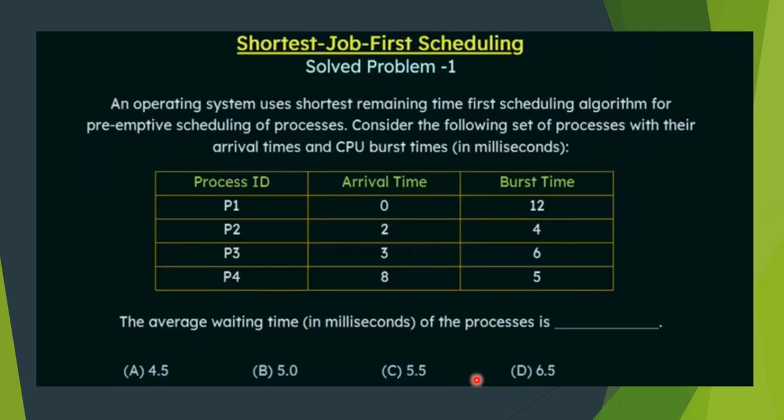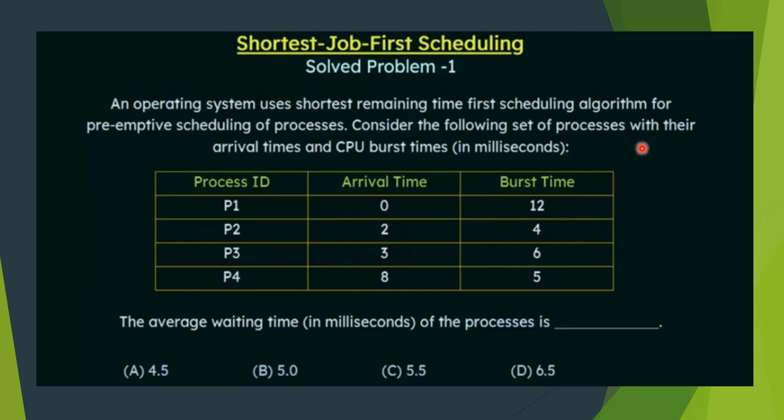Now let's look at another, second example. Here we're told an operating system uses the shortest remaining time first scheduling algorithm for preemptive scheduling of processes. Preemptive scheduling means processes can release the CPU and give it to others which have higher priority, so they will keep on switching until the processes are done.